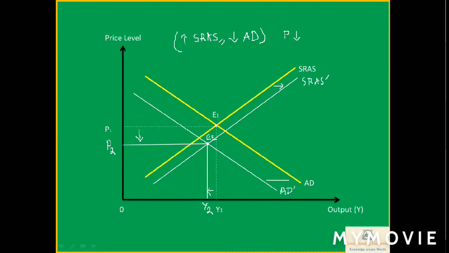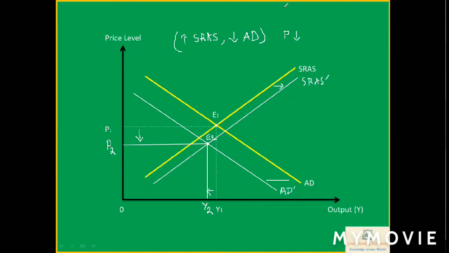If the SRAS change is greater than the change in the AD, then the output will increase. And in the last scenario, if the change in SRAS is smaller than the change in the aggregate demand curve, then output will drop down.